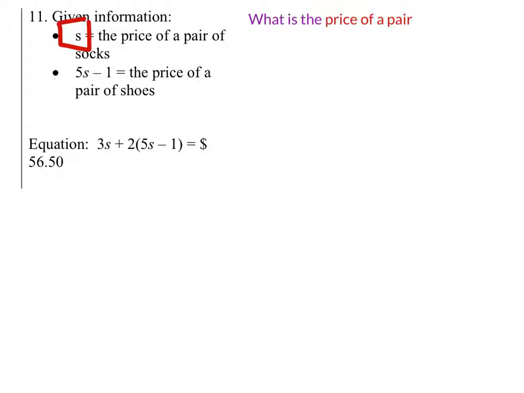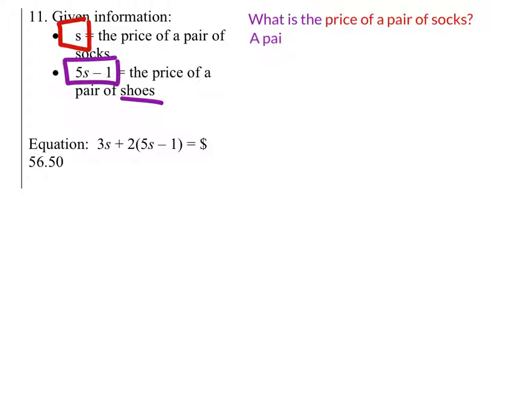The price of a pair of socks. There we go. What is the price of a pair of socks? That's just the S part right there. Then we get into this 5S minus 1. And that's a pair of shoes, so let's go and word that one up in here. And this one we will do in purple. So, I got a pair of shoes.